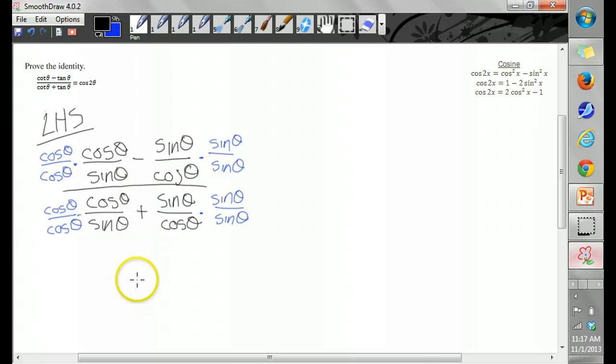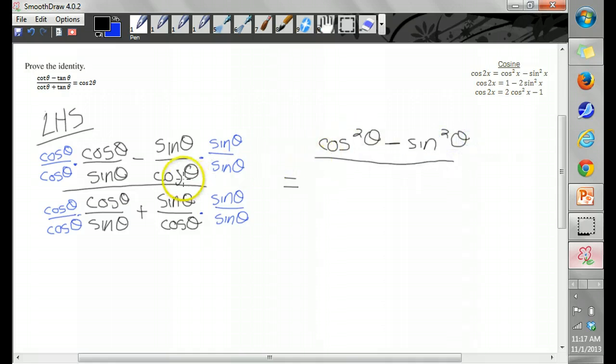Okay, so now I'm going to write what I get as a result of all that. In the numerator, cosine times cosine gives me cosine squared. And then over here, sine times sine gives me sine squared. And there's going to be subtraction between those two things. And that will all be over the common denominator that I got, which is cosine times sine.